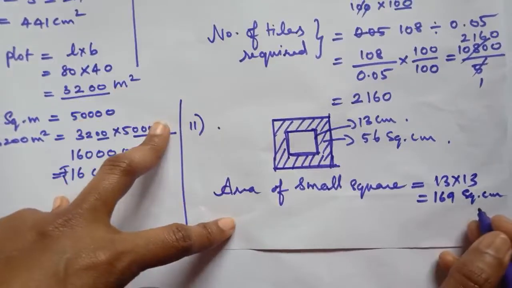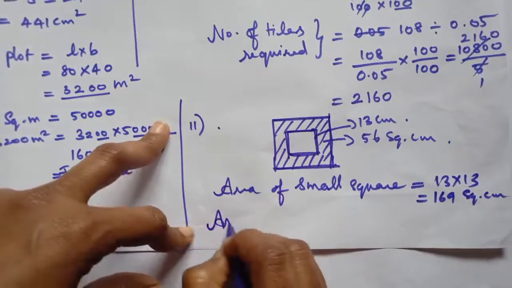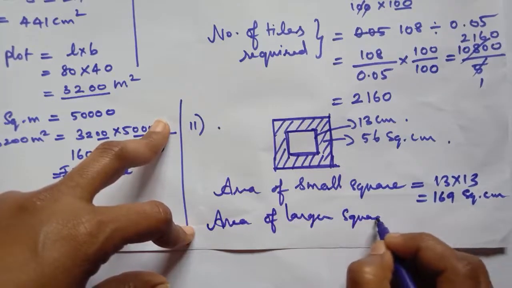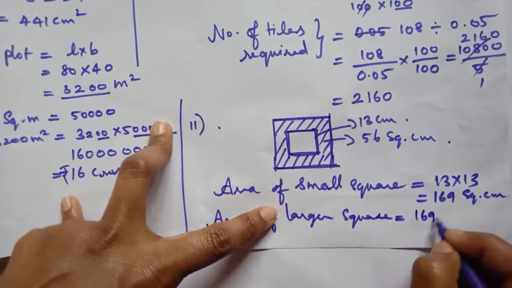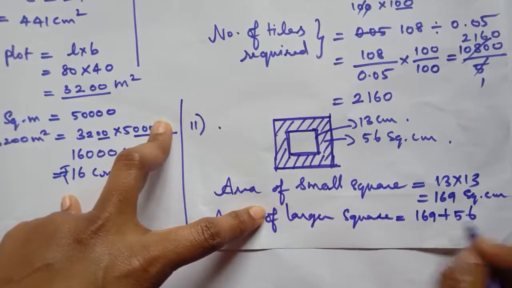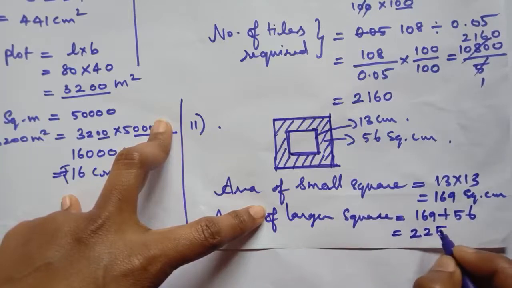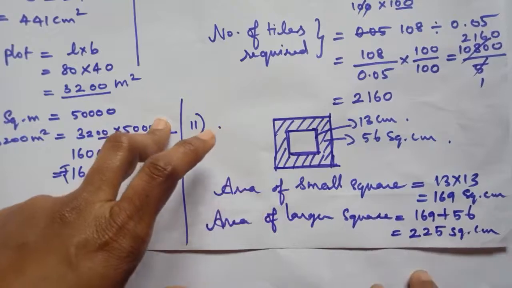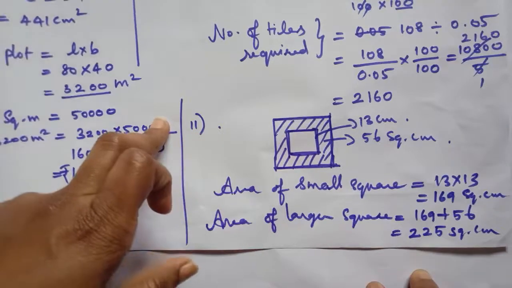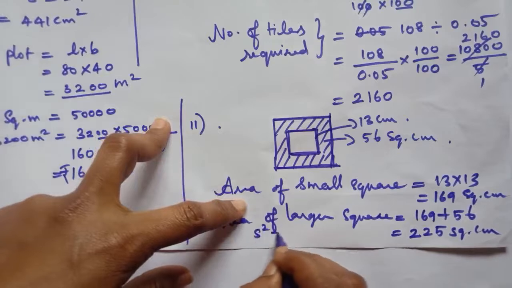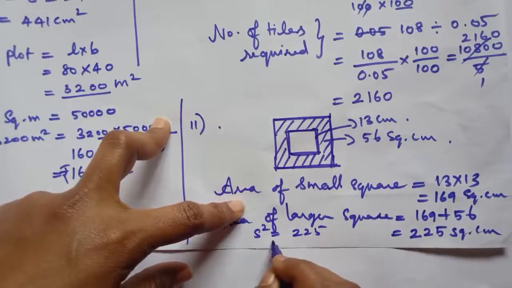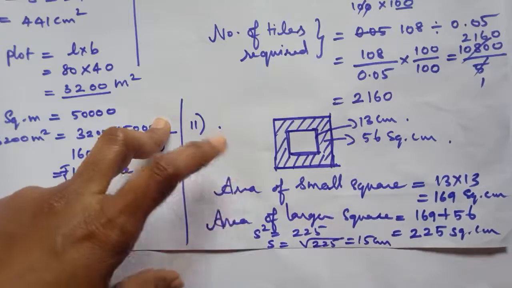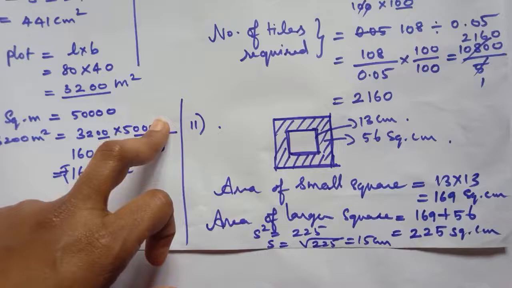Then area of the larger square is equal to 169 plus 56, that is 225 square centimeter. So what is the side of the larger square? S squared is equal to 225, so S is equal to root of 225, that is 15 centimeters. So the answer is 15 centimeter. Is it clear, students? Good. Thank you.